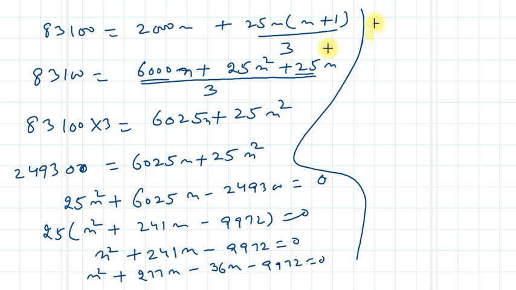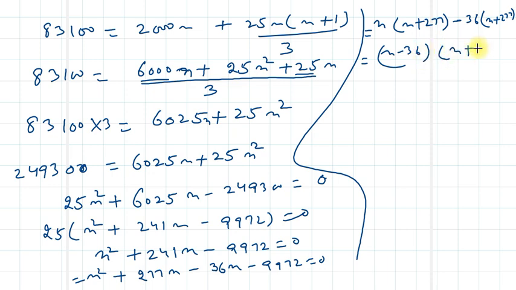So our factors have become n minus 36 into n plus 277.